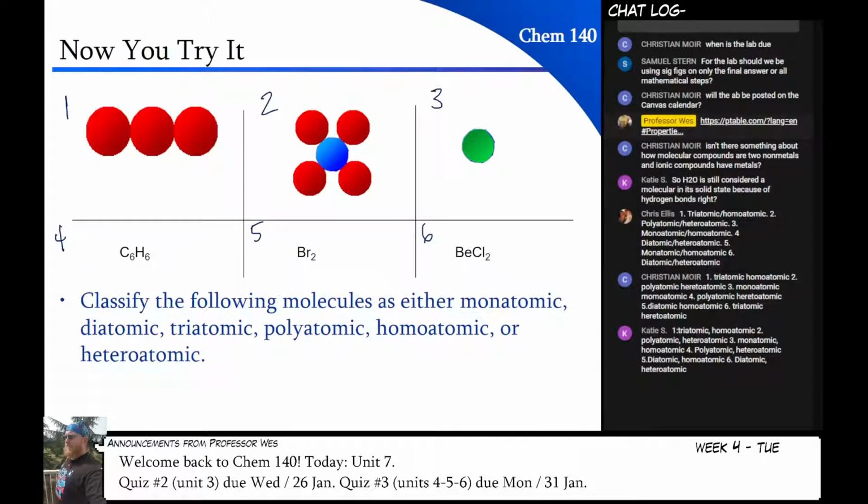All right. So this first one, I drew three spheres that are all the same color. So we'd say homoatomic for that one. And there are three of them. 1, 2, 3. There you go, triatomic.